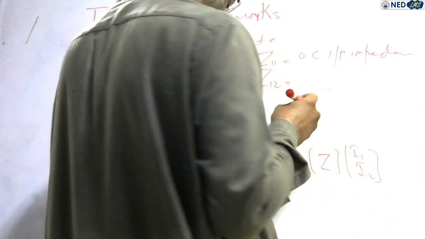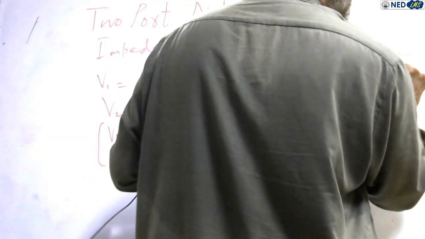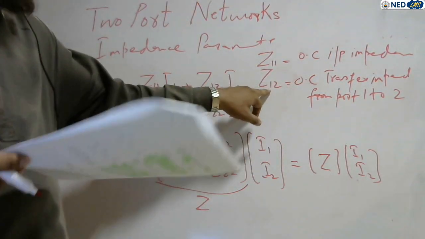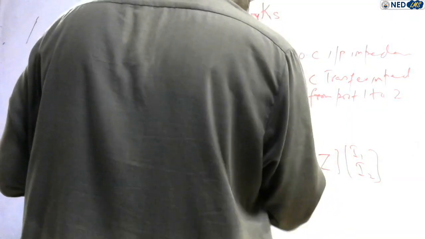Z12 is the open circuit transfer impedance from port 1 to port 2. And what is Z21?